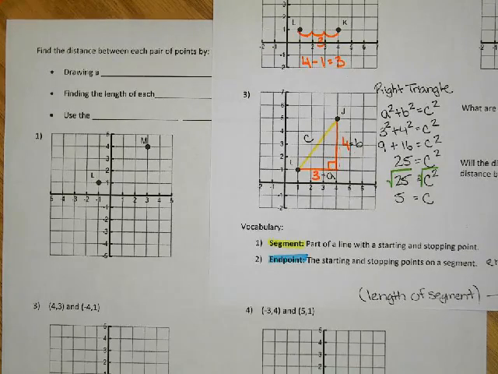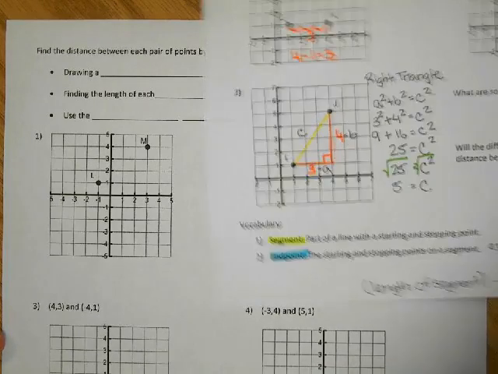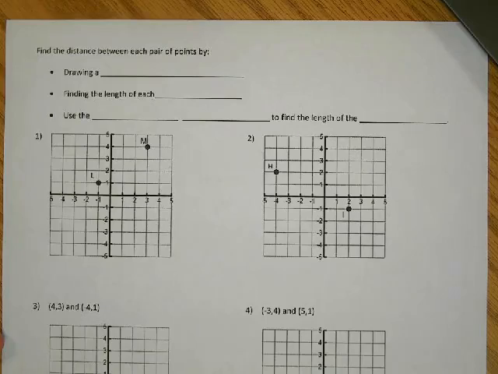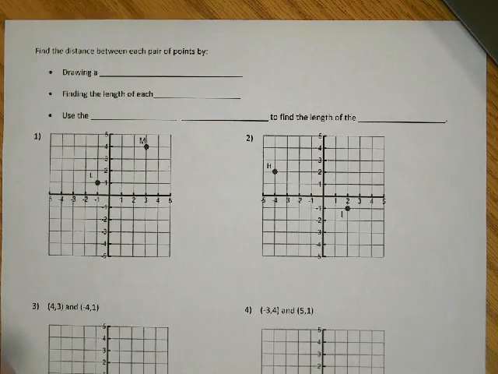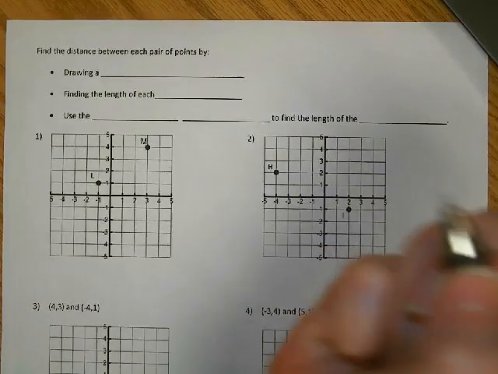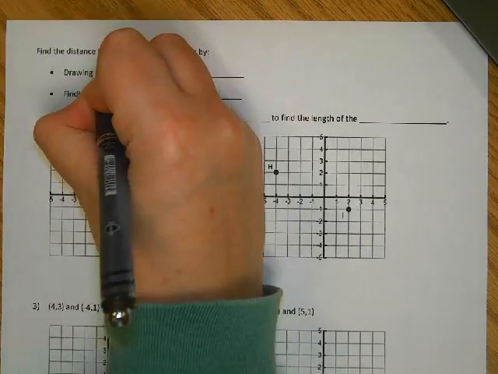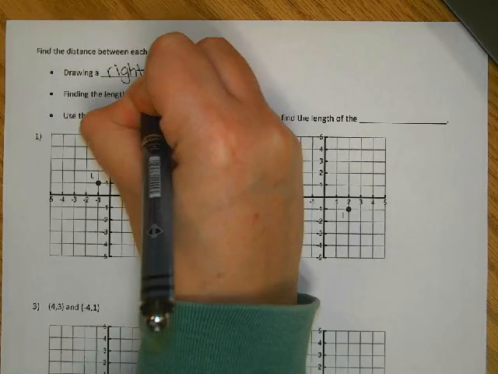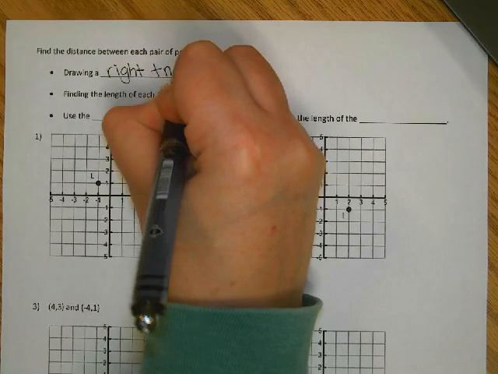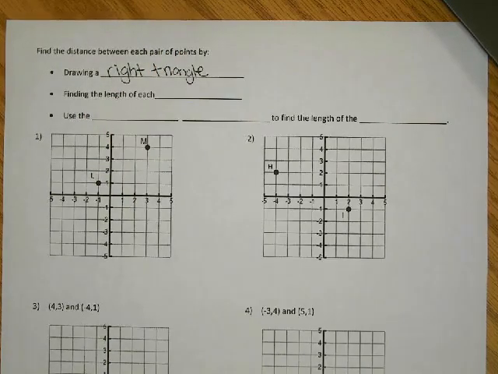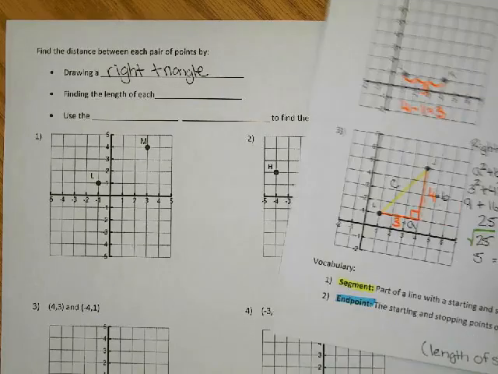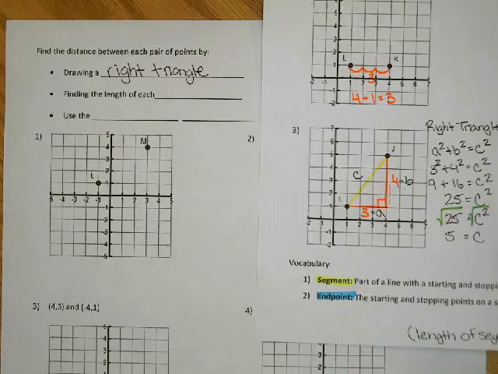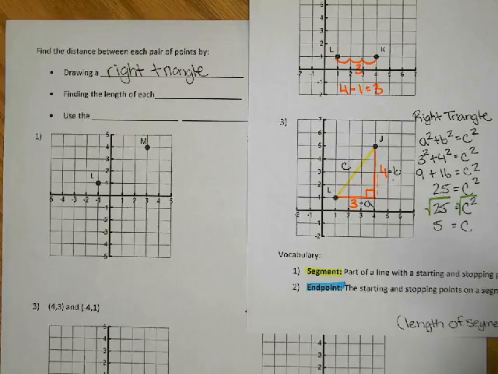We connected them. What shape did we make? We drew a right triangle. So first we're going to find the distance by drawing a right triangle. After we drew the right triangle, what did we do?